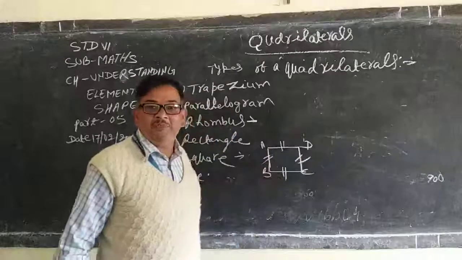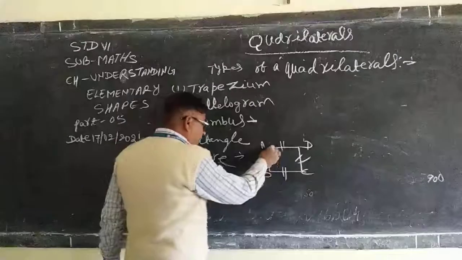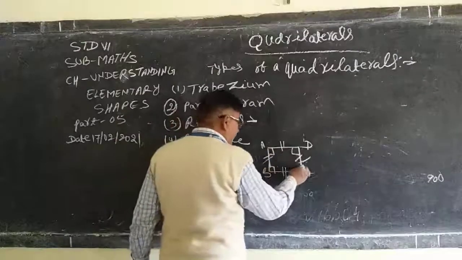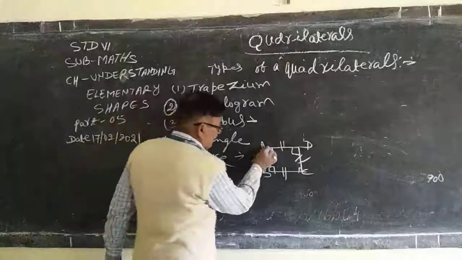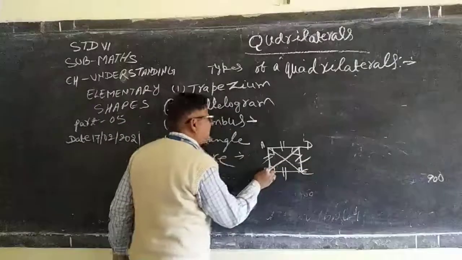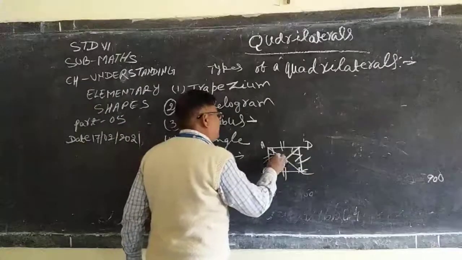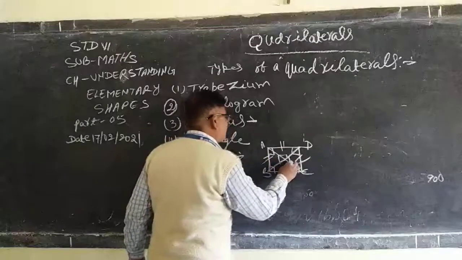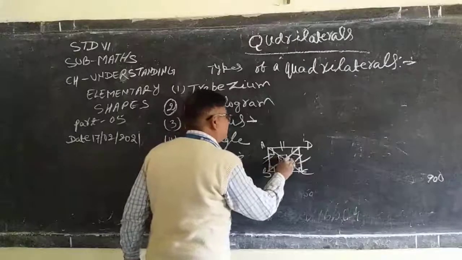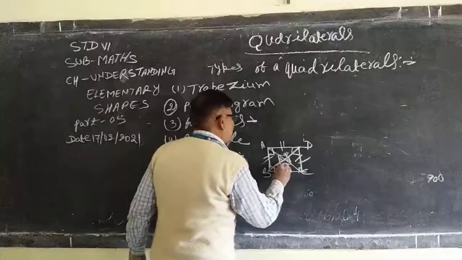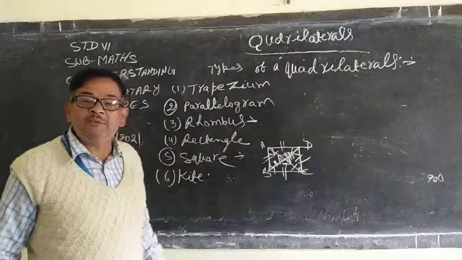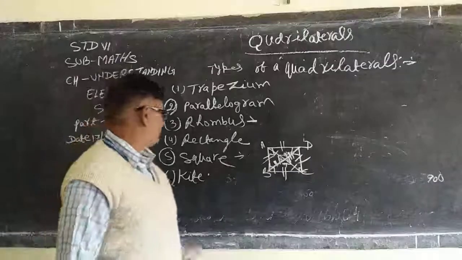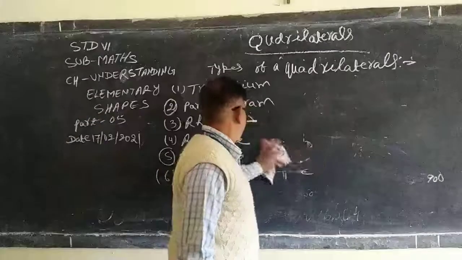Here length and breadth are both equal, and all the angles are 90 degrees. So the diagonals are perpendicular bisectors. The diagonals are perpendicular, making 90 degrees, and the sides are also equal. Diagonals bisect each other.